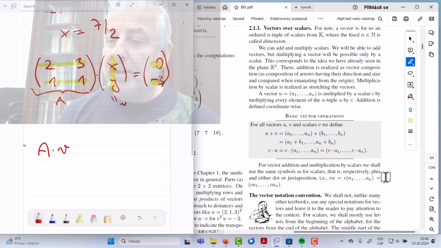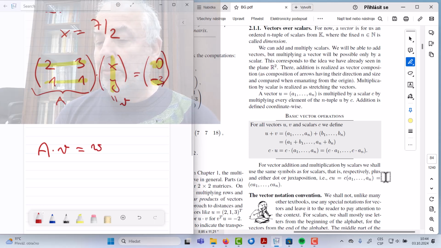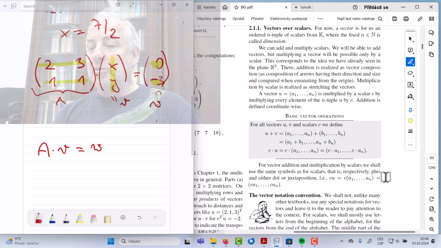This is the vector v, and it equals some other vector, say w. This is w, right? And we compute it the same way as we did before. And now the question is whether we can always compute the solution for the v whenever we get the w.